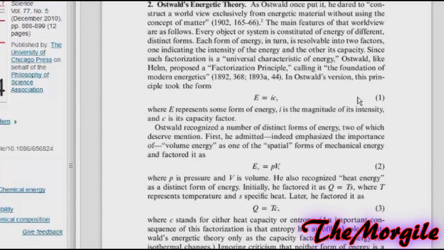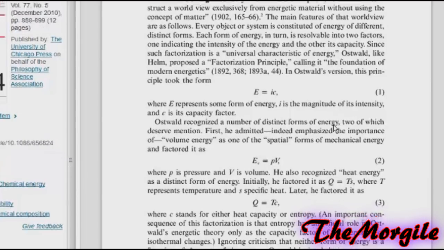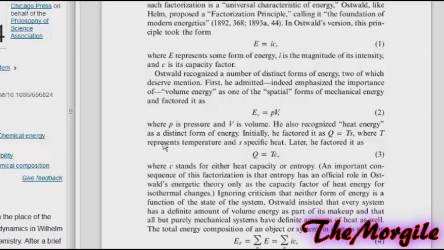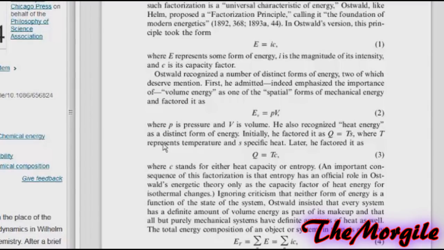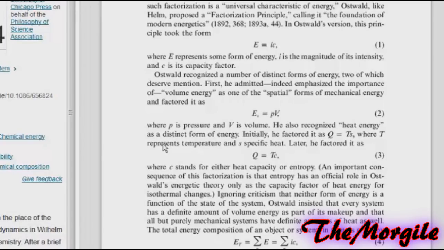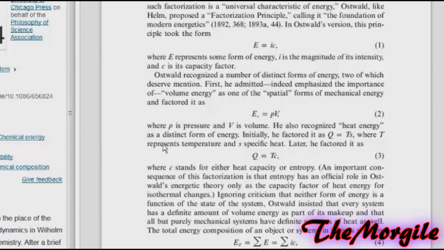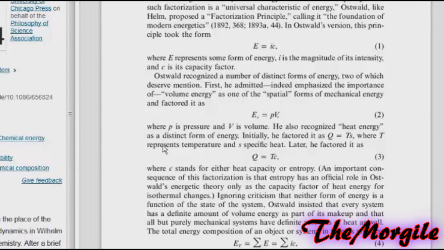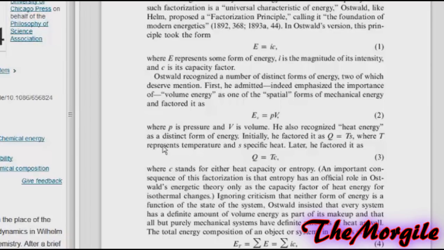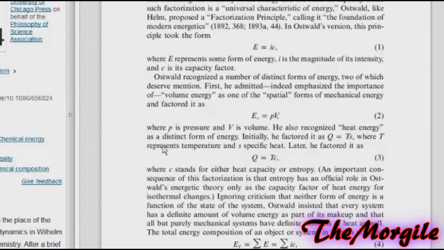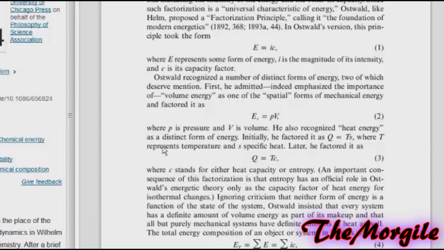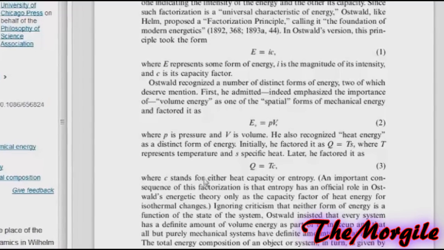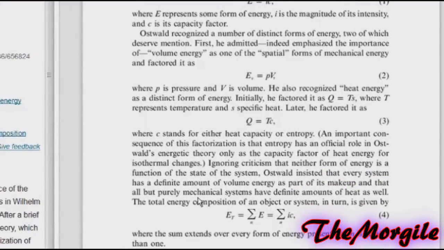In Ostwald's version, this principle took the form E = I × C, where E represents some form of energy, I is the magnitude of its intensity, and C is the capacity factor. Ostwald recognized a number of distinct forms of energy, two of which deserve mention. First, he admitted, indeed emphasized, the importance of volume energy as one of the spatial forms of mechanical energy and factored it as E = P × V, where P is pressure and V is volume.